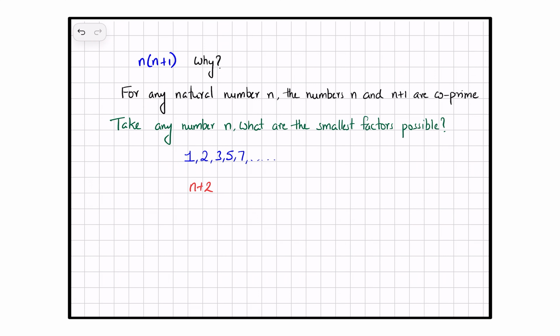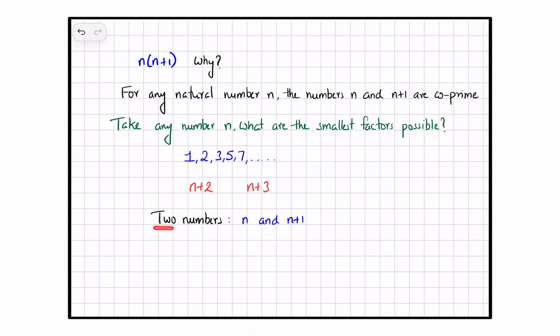Let us take one more example, and this time let us assume that 3 is the smallest factor for the given number n, okay? Then what will be the next smallest number which is having 3 as the factor? That will be n plus 3, okay?